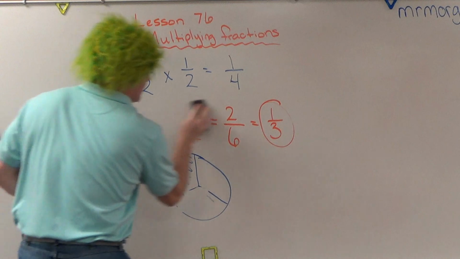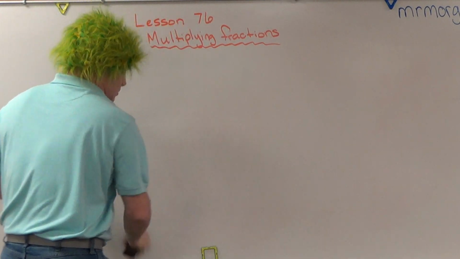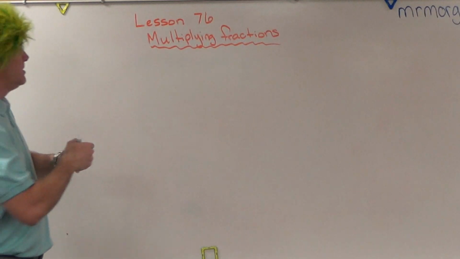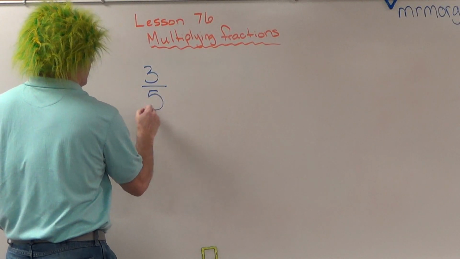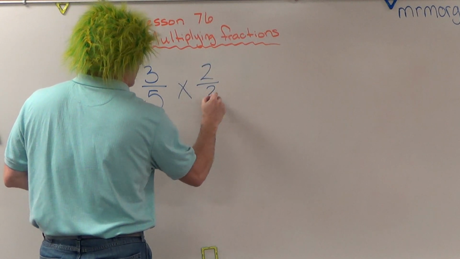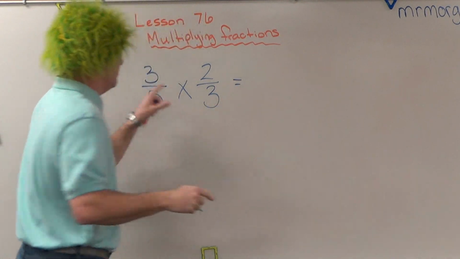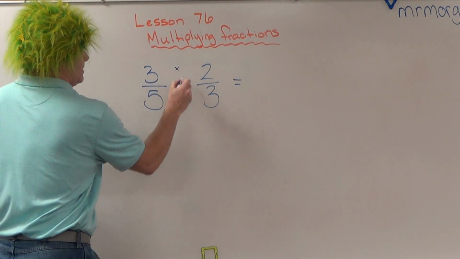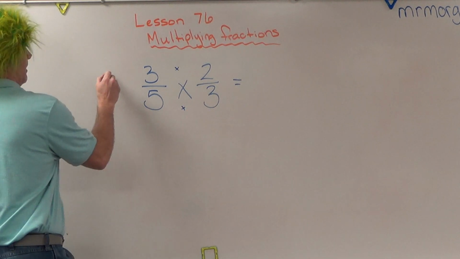So, for you to work out, all right, let's do 3/5 times 2/3. And remember, we're just going to multiply straight across. Okay? And then that's going to be problem number 1.